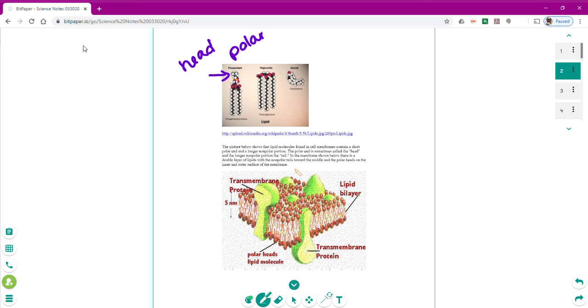Because this is actually going to help it orient itself correctly when it forms the cell bilayer. Okay. Now, if you look here, lipid bilayer, we've got all the heads on the outside. And all of the tails are on the inside.